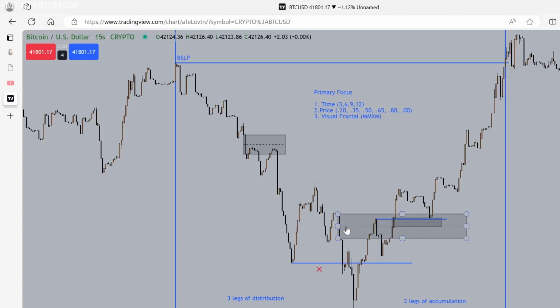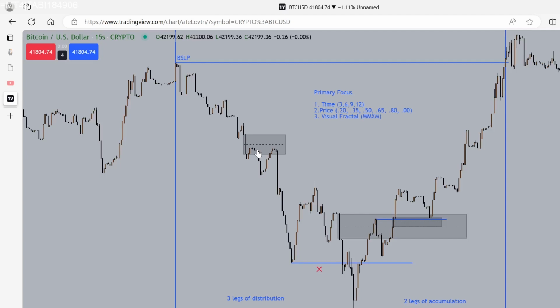It's not going to be perfect every single time, but price is going to draw into these levels for accumulation and distribution. And before we continue, the short setup, I forgot to add. The setup comes in at 42,200.